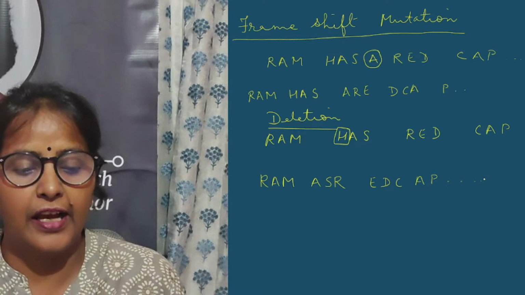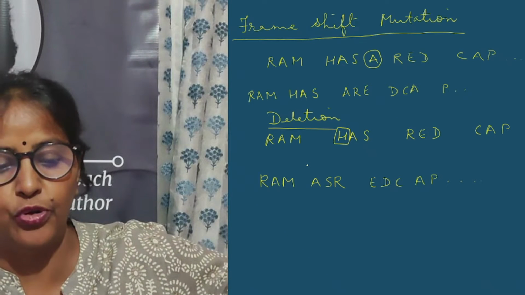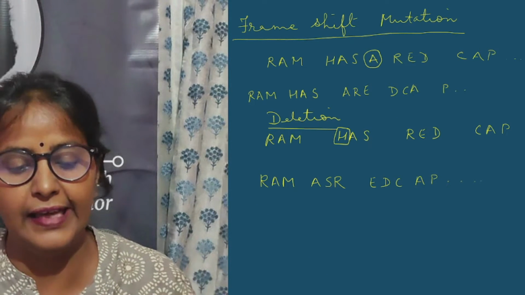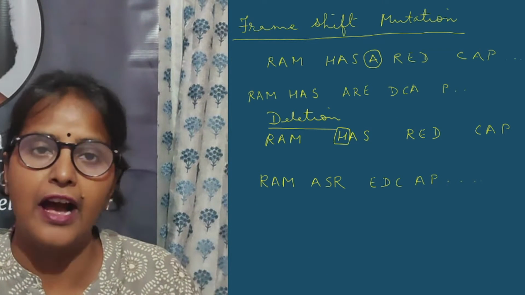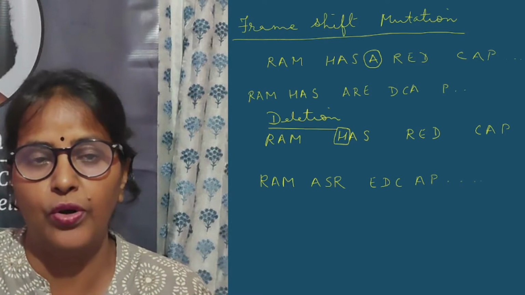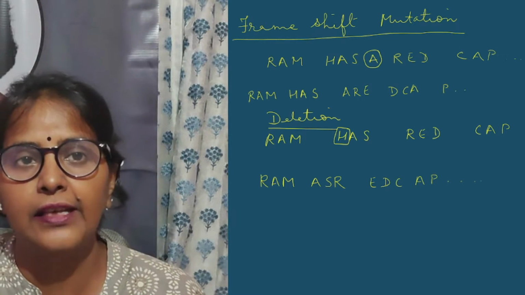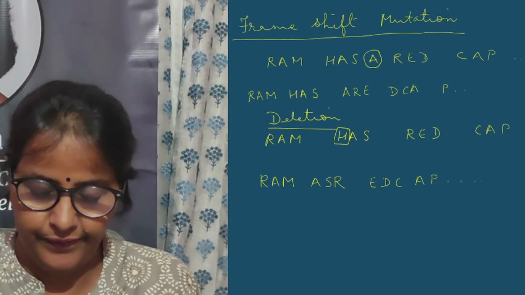So this has also changed completely. The one which remains before the deletion will remain the same. After deletion, the entire amino acid sequence will be changed. The code for entire amino acid will change, and hence it is known as frame shift mutation.